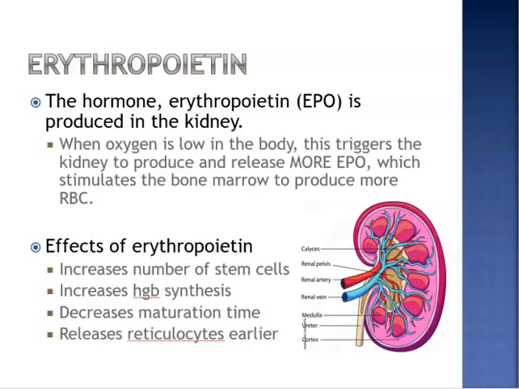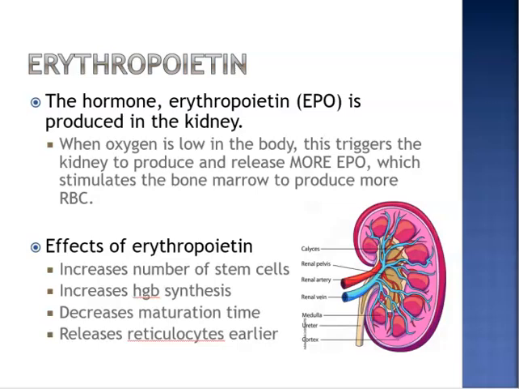When oxygen is low in the body, this is triggered and the kidneys produce and release more EPO, or erythropoietin, which stimulates the bone marrow to produce more red blood cells. So once the body wants more red blood cells, the hormone erythropoietin produced by the kidneys tells the bone marrow, hey, make more red blood cells.